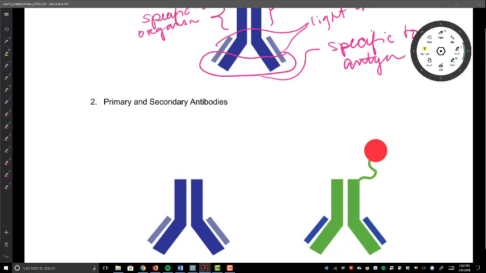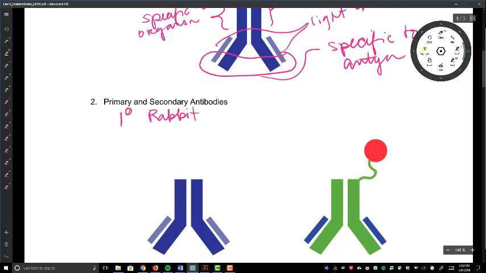For our primary antibody, this is a rabbit antibody. So our primary antibody was made in rabbit, and it's anti-LDH, actually anti-human LDH.